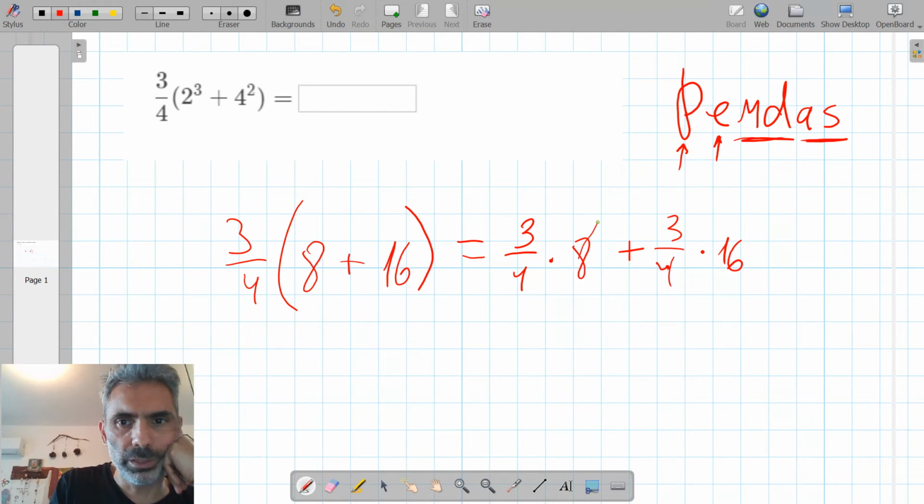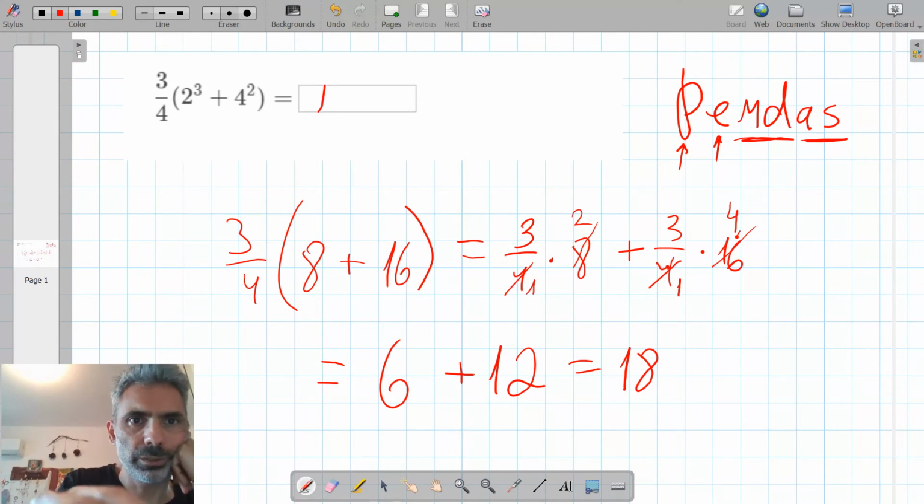Okay, so this can be simplified. 4 divided by 4 is 1, 8 divided by 4 is 2. So this equals 3 times 2 is 6, plus this also simplifies. 4 divided by 4 is 1, and 16 divided by 4 is 4. So 3 times 4 is 12. So 6 plus 12 is 18.